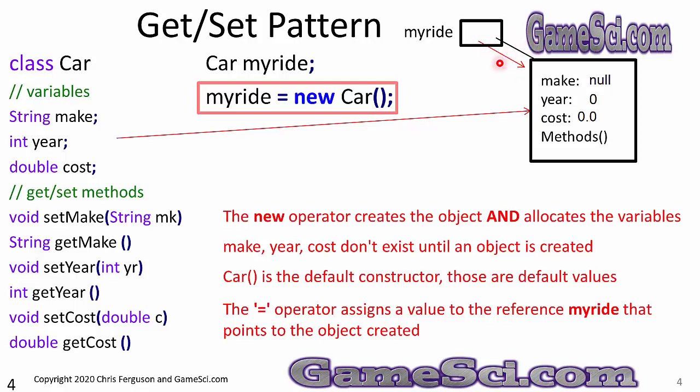That is what makes the connection between the reference variable and the object itself. References are two separate pieces of memory. The reference variable points to the object, and the object is its own memory. Objects tend to take larger chunks of memory. Reference variables are small pieces of computer memory.